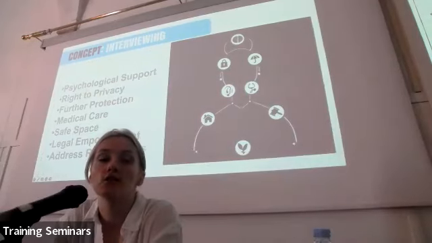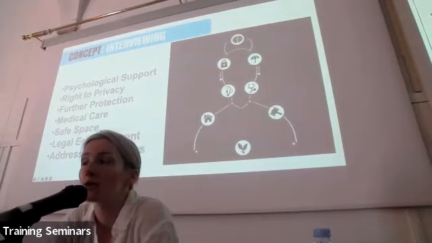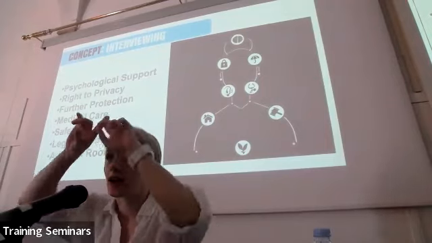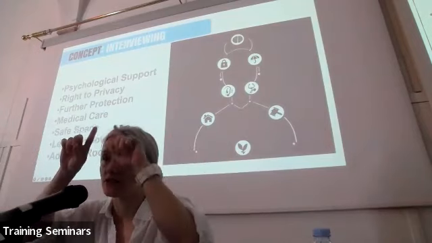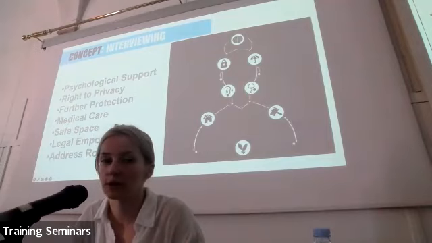All right, this brings us to interviewing. The number one thing we have to remember when it comes to interviewing is the constellation of support we have to give before you even approach someone and before you even get in touch and start interviewing someone.